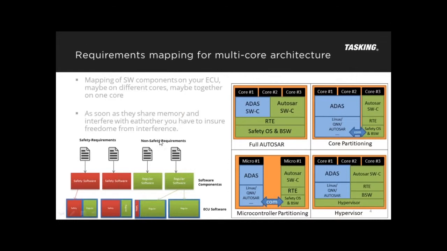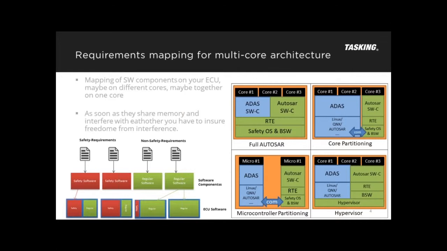And if you look on the left side, you end up with the safety requirements, and the safety requirements are translated to the safety software components, and you have non-safety requirements as well, and these non-safety requirements are mapped to regular or QM components. In order to minimize the cost, you combine both together, the safety related components and non-safety related components.